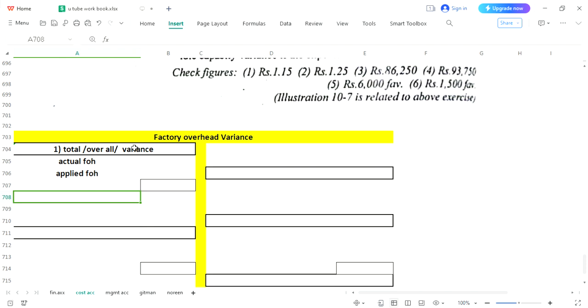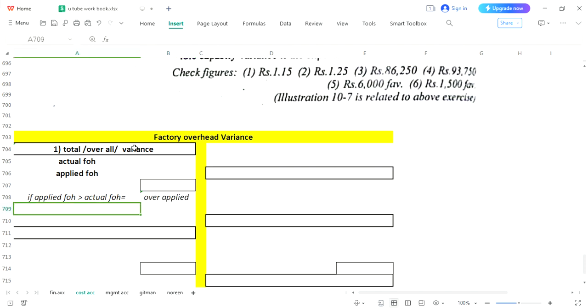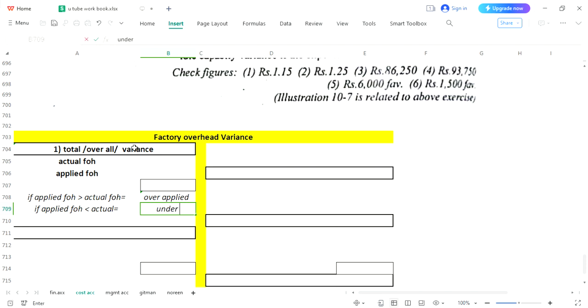Finally, you conclude by focusing upon applied FH. So if applied FH is more than actual FH, you consider it over applied, and if applied FH is less than actual, you consider it as under applied.